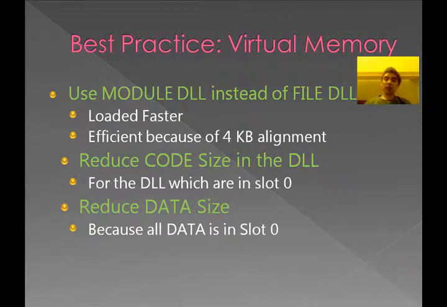That's why, if you are placing a DLL in slot 0, you need to reduce the code and data size for the DLL as much as you can. And I have also talked in my previous presentation about how you can force a DLL to be placed in slot 0 with its code and data section as well.